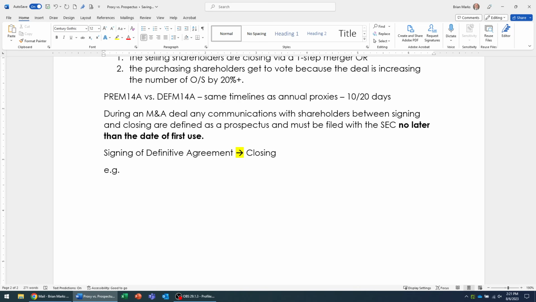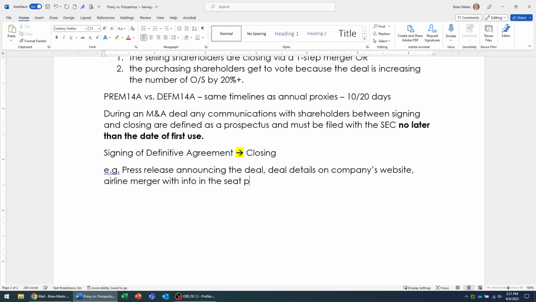So what's an example of that? A press release announcing the deal. Deal details on the company's website. An airline merger with information in the seat pocket.